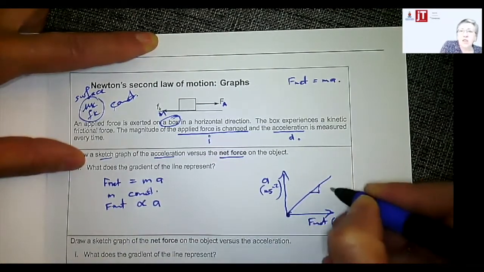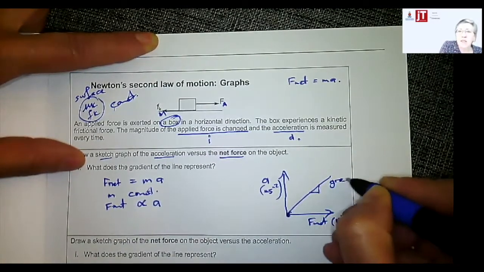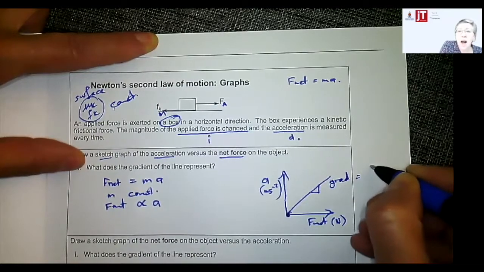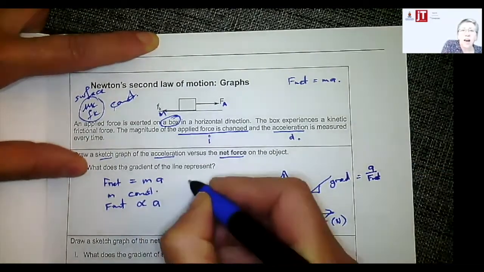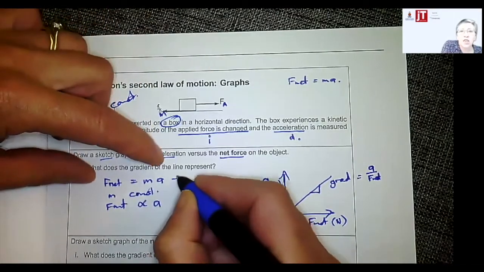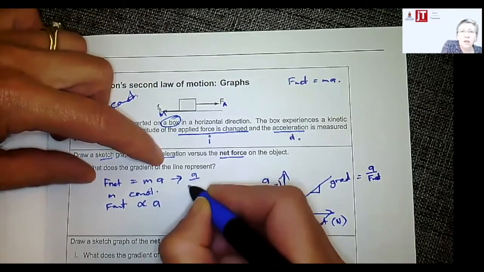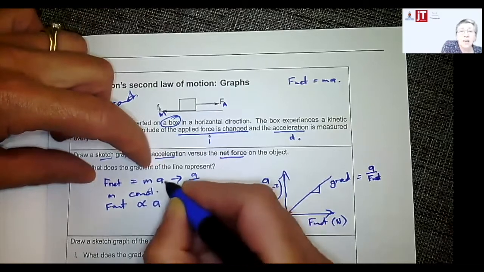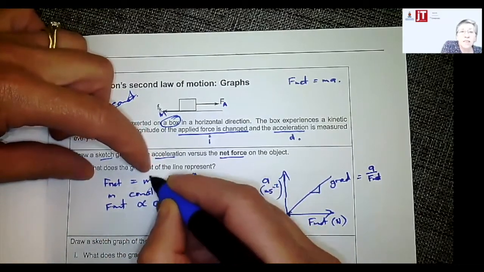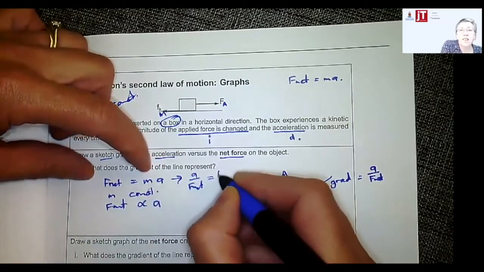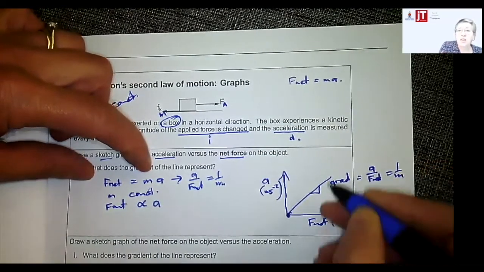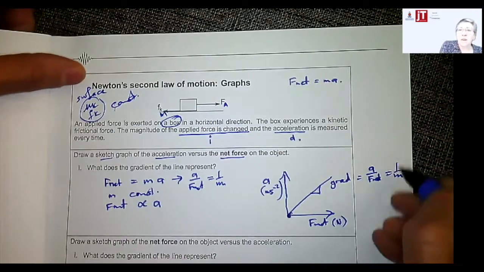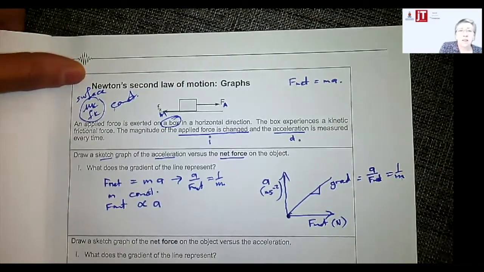Now we're looking at the gradient over there. The gradient over there will be y-axis divided by x-axis. Now, how can I get from this equation A over F net, right? A divided by F net means I have to take M over to the other side, and that is 1 over M, right? So this is the inverse of mass.